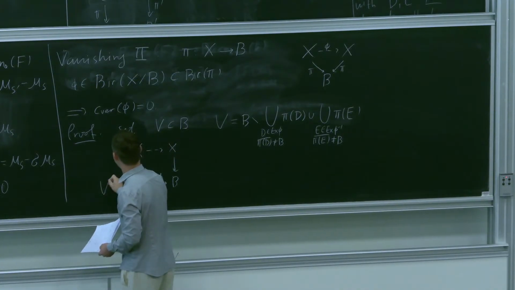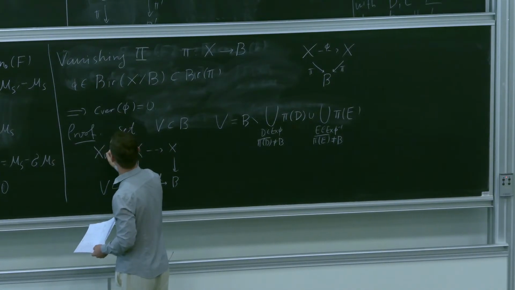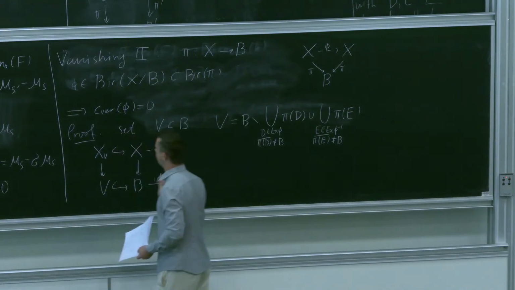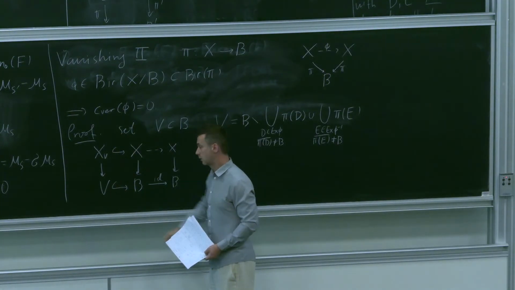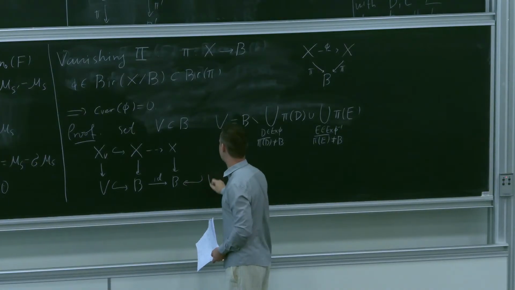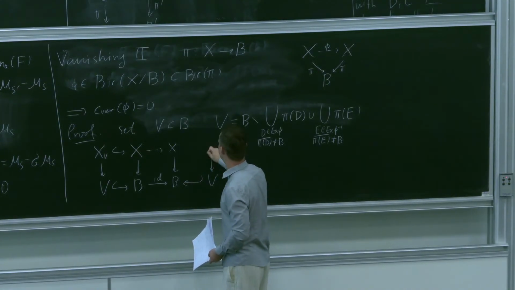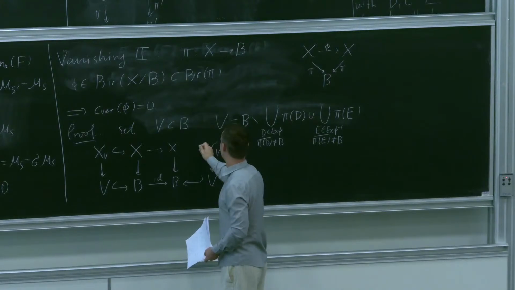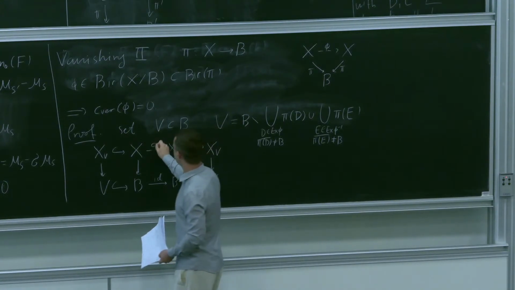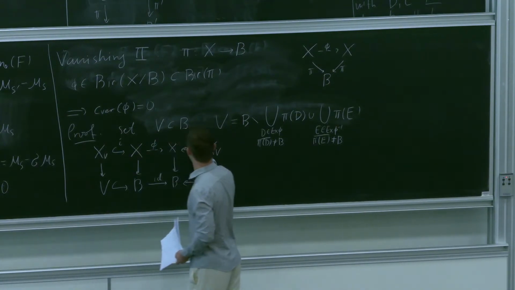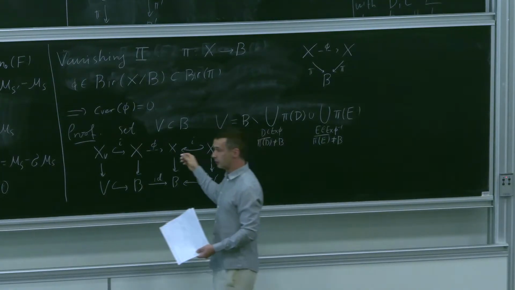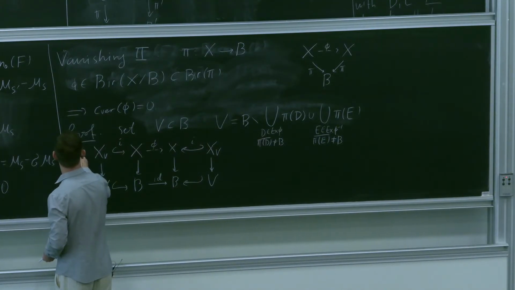And then I have this V here, and I restrict to X_V. I take the base change to this open subset. And I do the same thing on this side. So I want to trade my map for a better map. This was phi, and I can call it I and I. And this whole composition, we can call phi V.